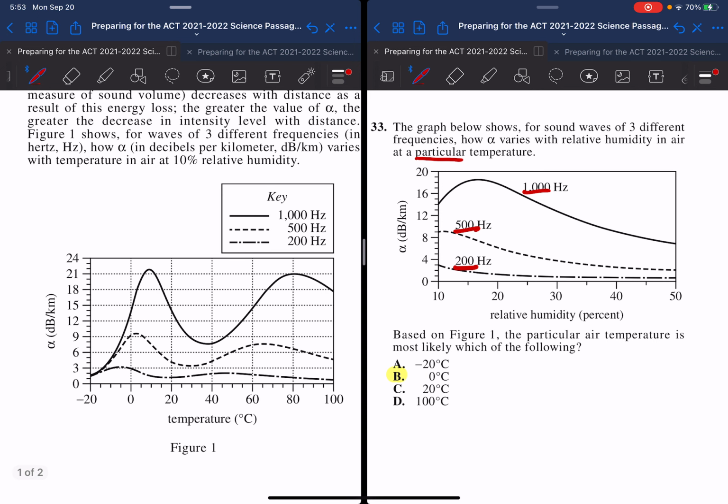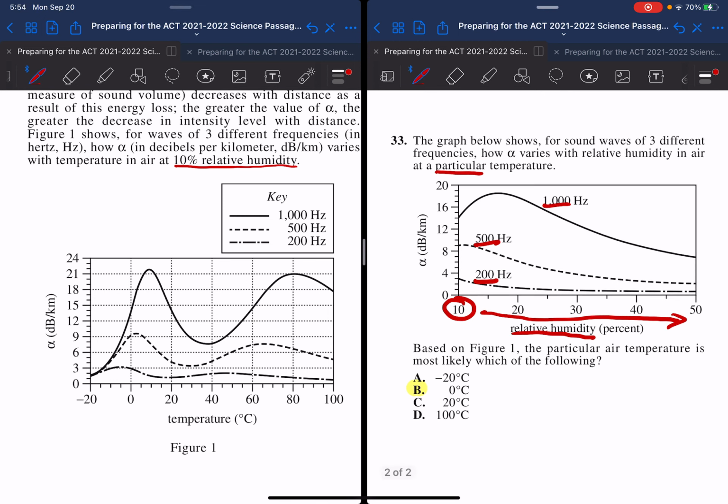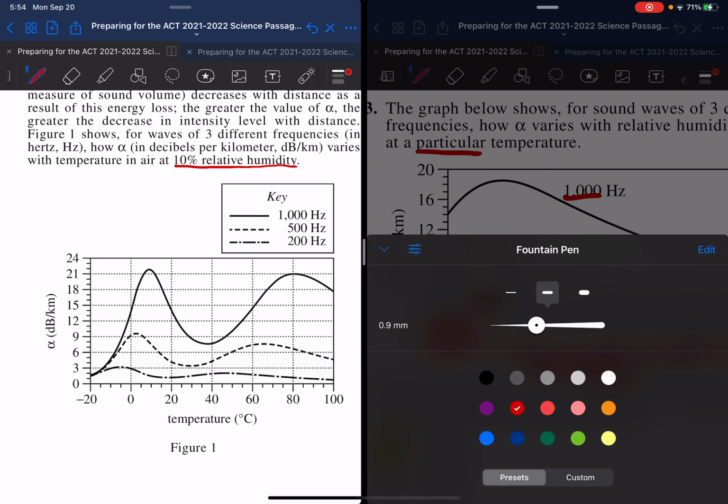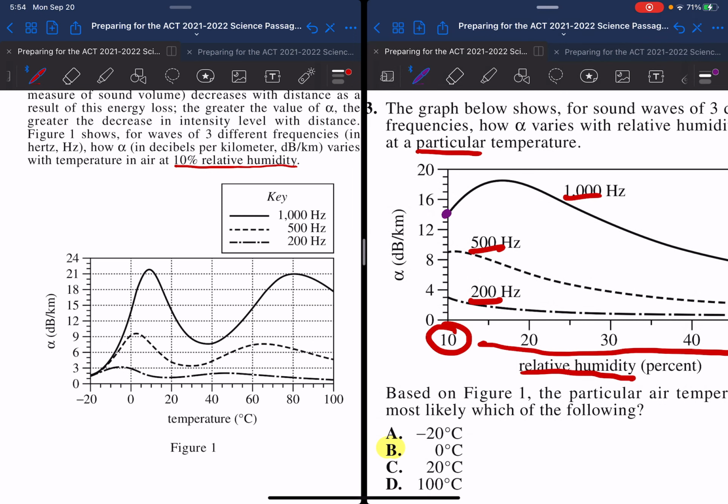Now the key thing here is that down here we've got relative humidity, and it starts at 10%. And that's where this graph is, 10% relative humidity. Now why is that important? Well, as this graph goes on, the humidity goes up. But right here at 10, we've got information on that. Let's change color here.